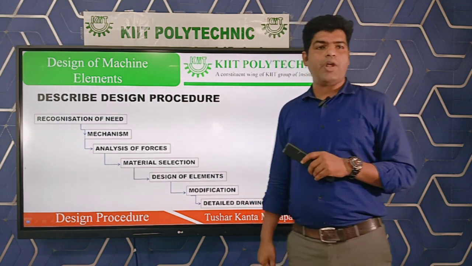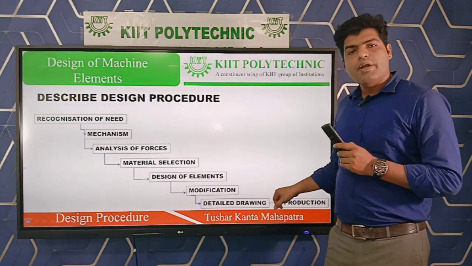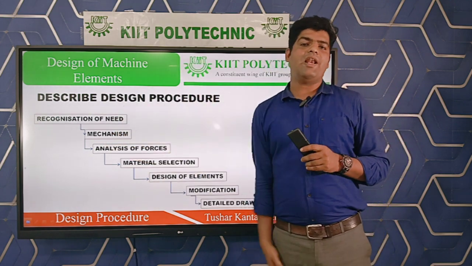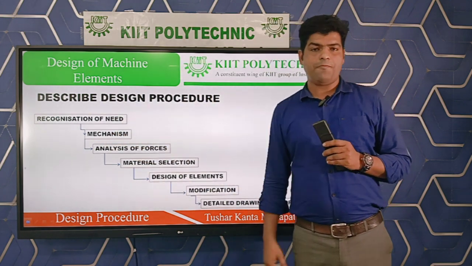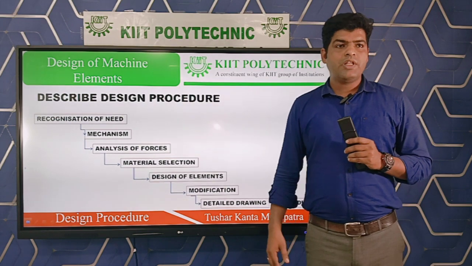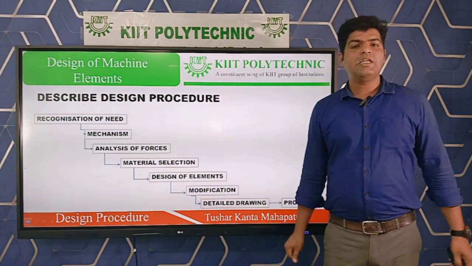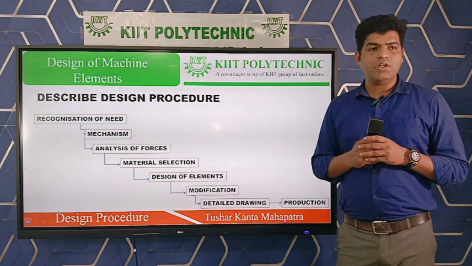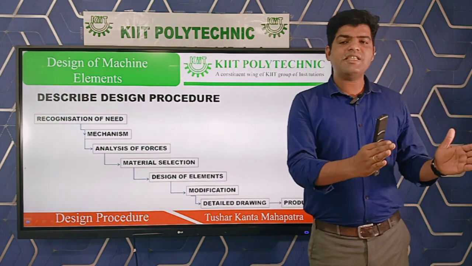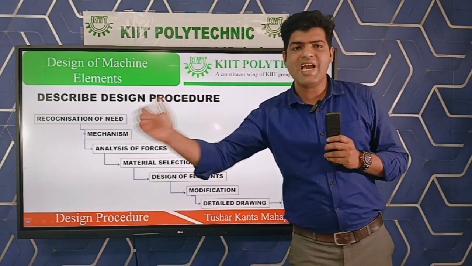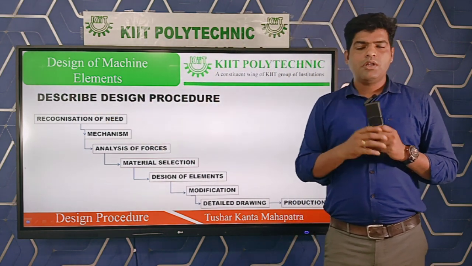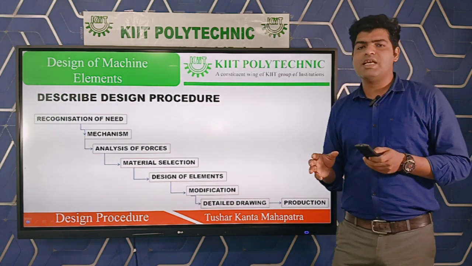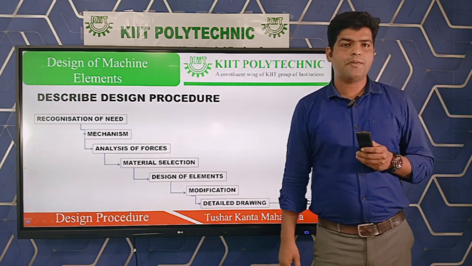After making the drawing, we send that drawing for final approval and final production. This design is sent to the CIM. Then we analyze the design and make it into the final object.